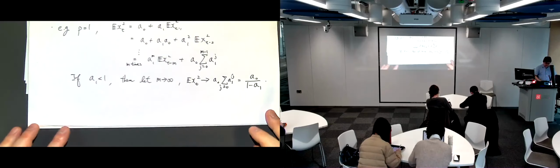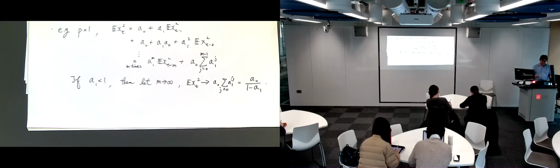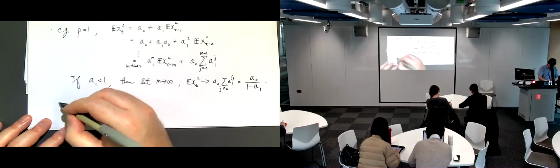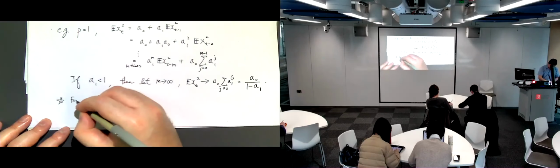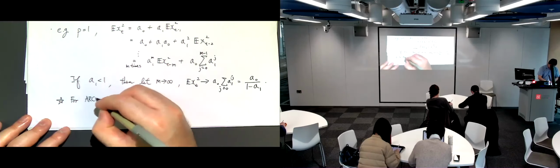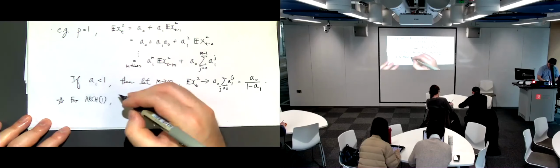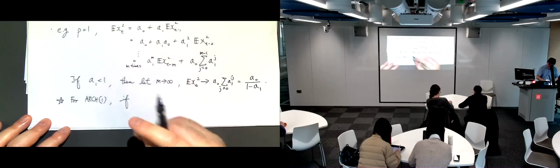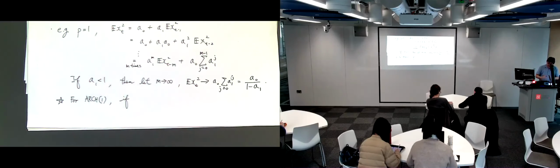So your expectation of xt squared, the variance, is now finite and time independent. Okay? So therefore, for the ARCH 1 model, if a1 is less than 1, then you have a white noise.